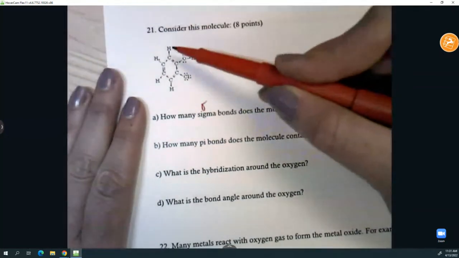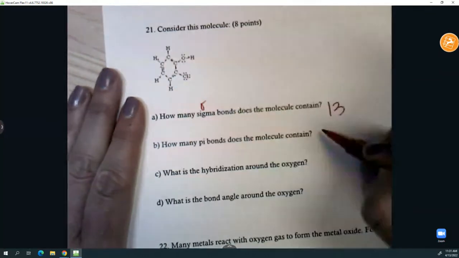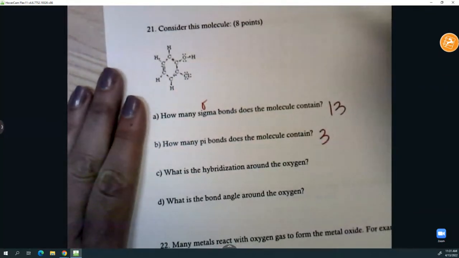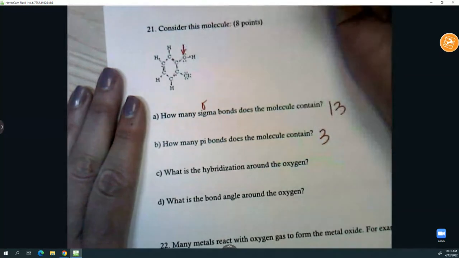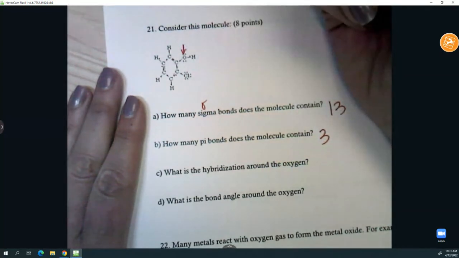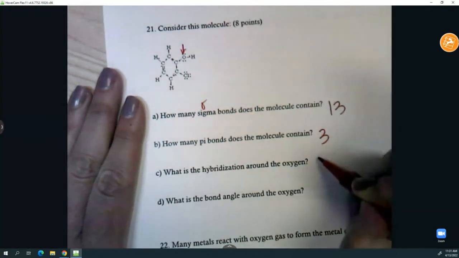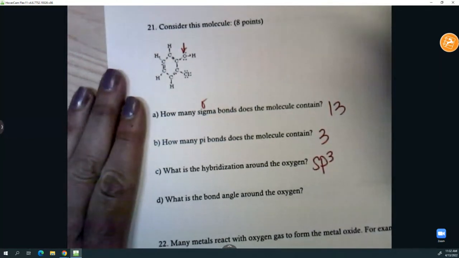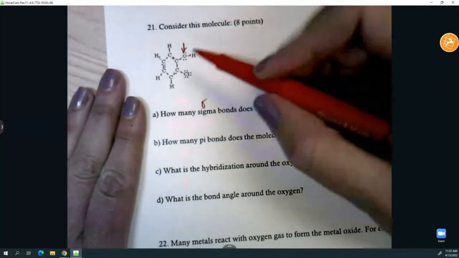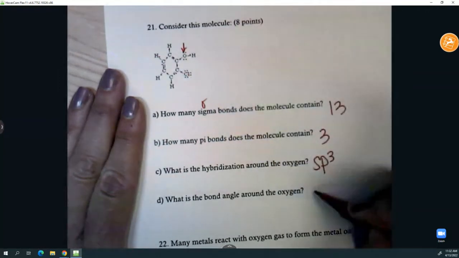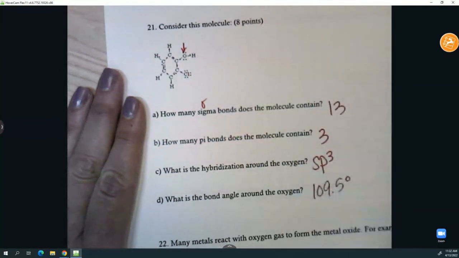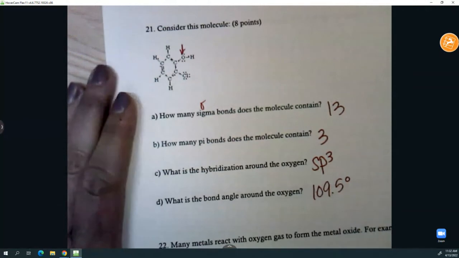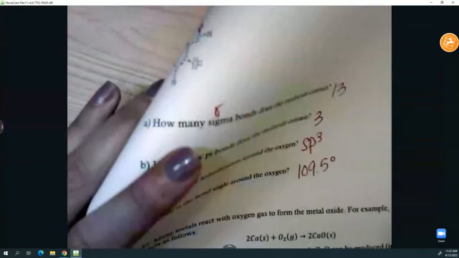But now for the pi bonds, I'm just looking for double bonds, 1, 2, 3. Hybridization around the oxygen, it has 4 electron groups, 2 bonds, 2 lone pairs, so that's 4 total electron groups, so that's sp3. And this would be bent with 4 electron groups, that would be 109.5. Again, that's because of the 4 electron groups.